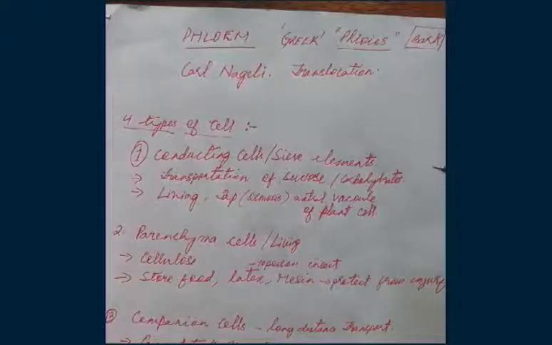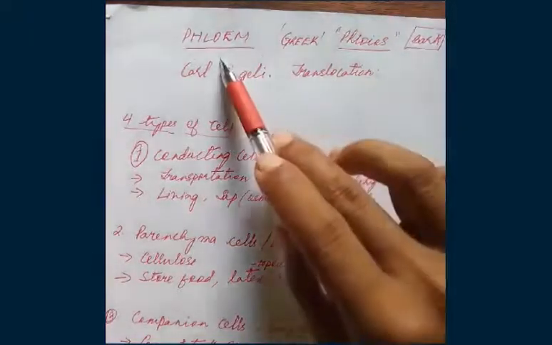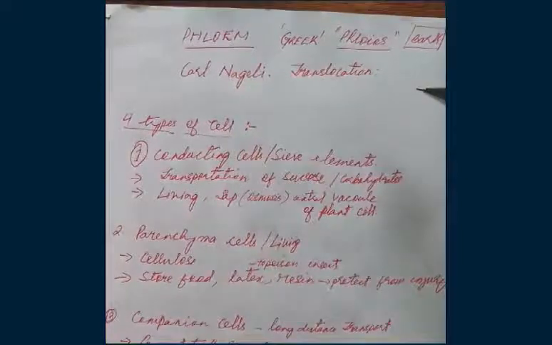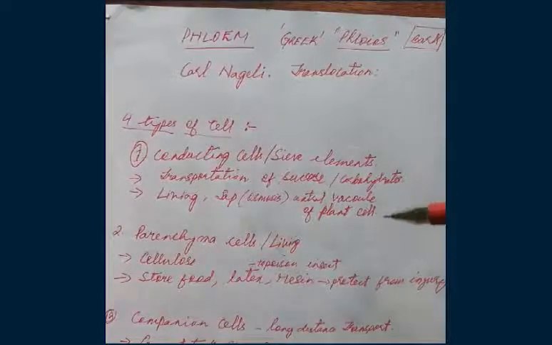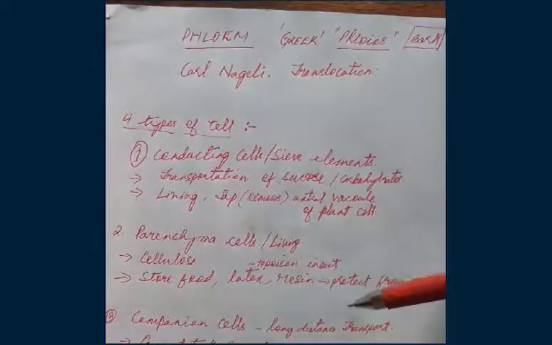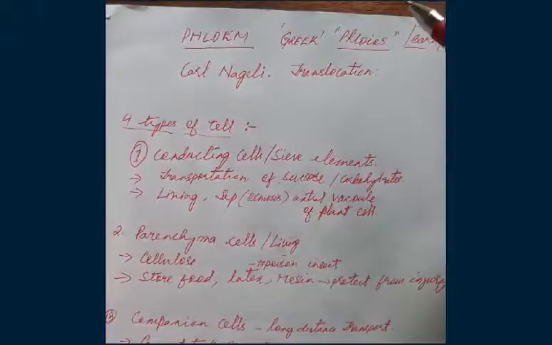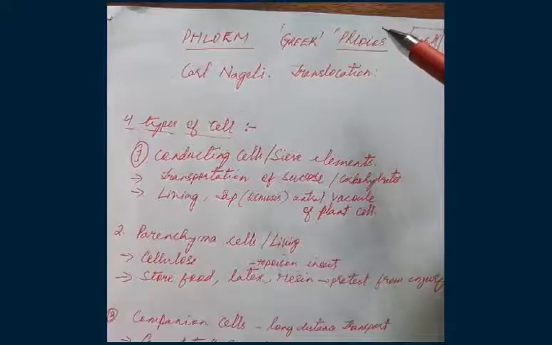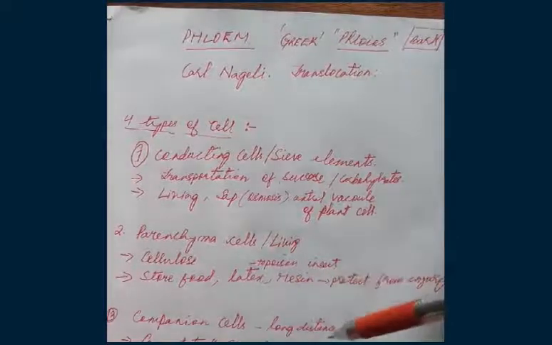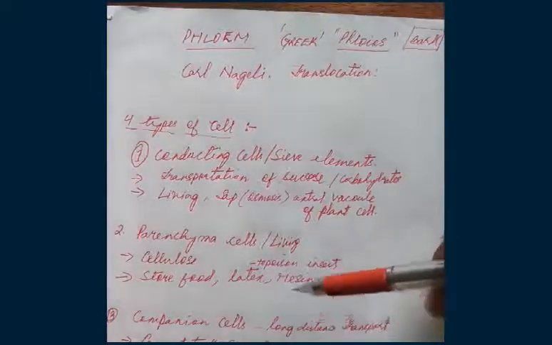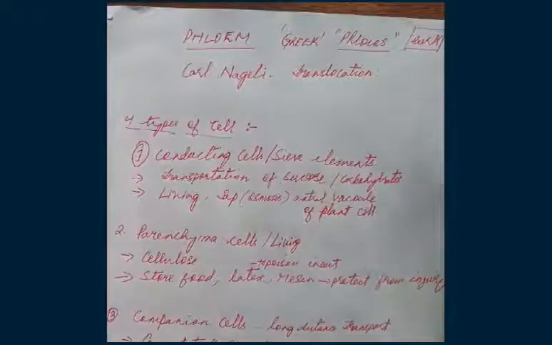That means food is produced in the leaves, and from the leaves it is sent to the different parts of the plant through the phloem. And then again from the roots it is also carried to different parts of the plant. So one direction is from the leaves to the roots, and then again from the roots to the leaves or to the different parts of the plant.